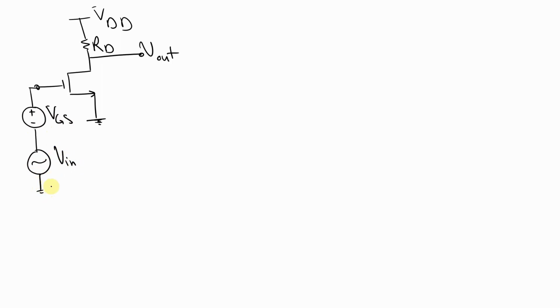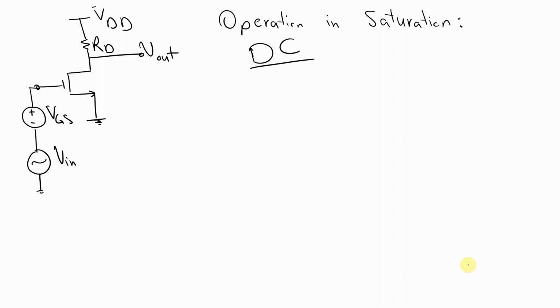Okay, this is the real concept of V in here. Now I'm going to calculate the condition for operation of this device in saturation. This means that I use my formulas in DC, not in AC. So just for the sake of simplicity, now I'm gonna eliminate this V in and short circuit it.